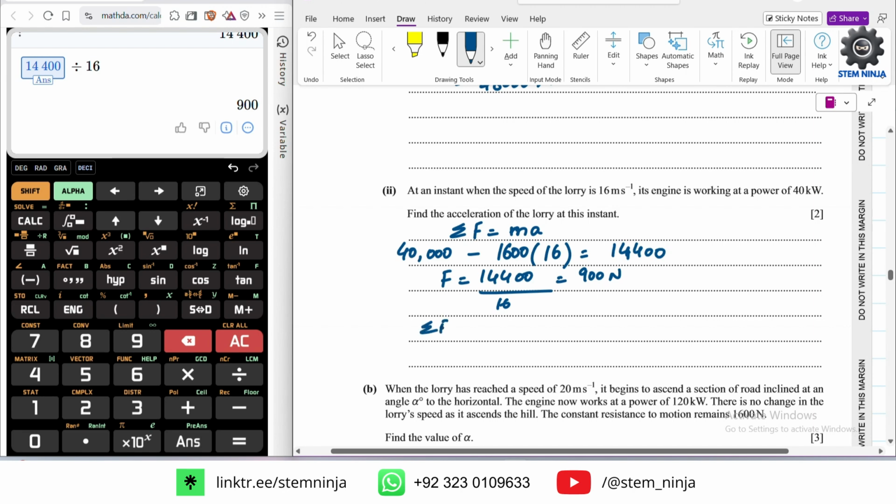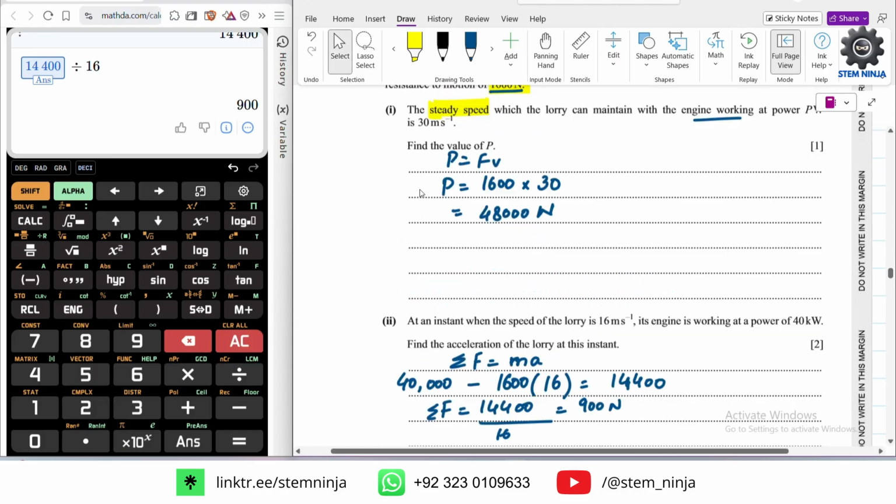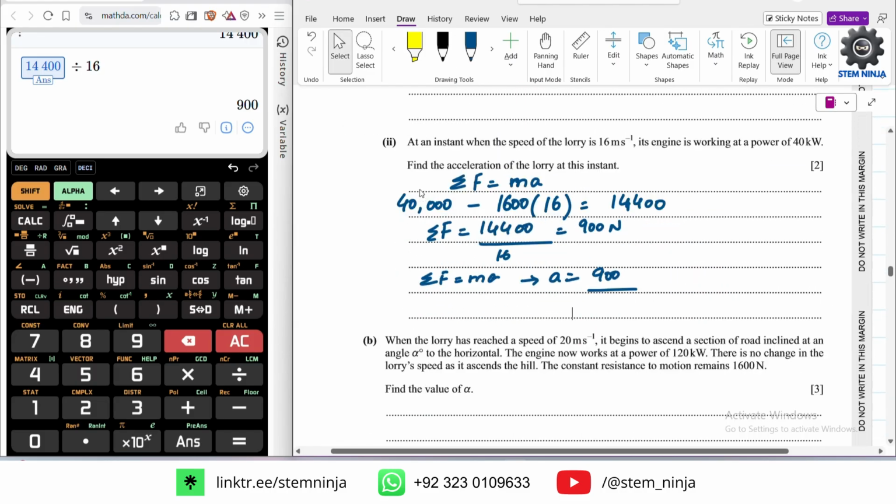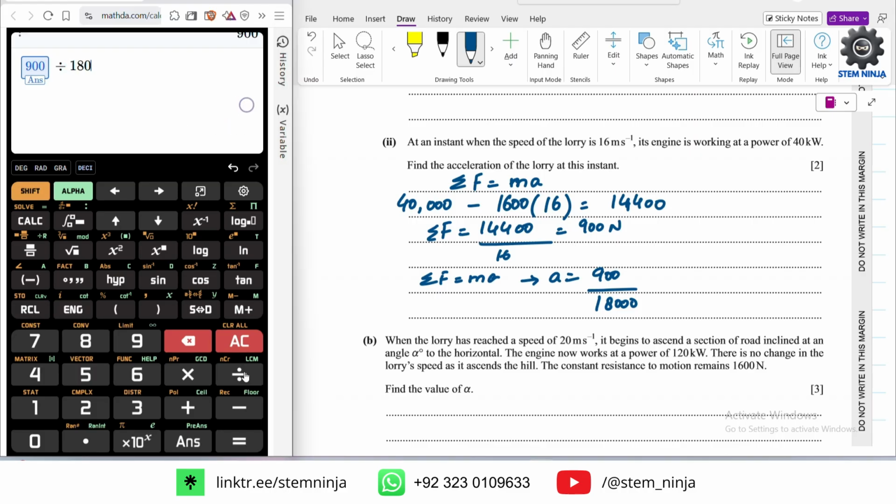Now we can employ F is equal to ma. That is actually the net force over here. So acceleration would be 900 divided by 18,000, which is 0.05.